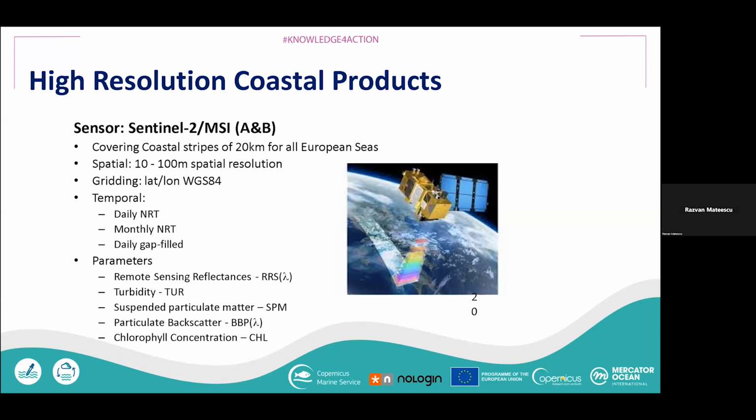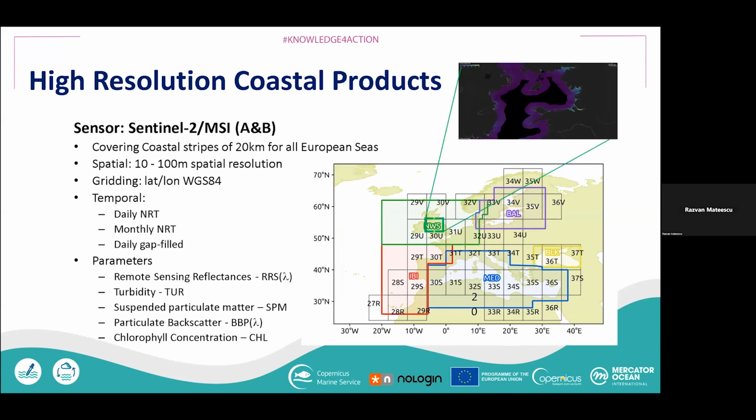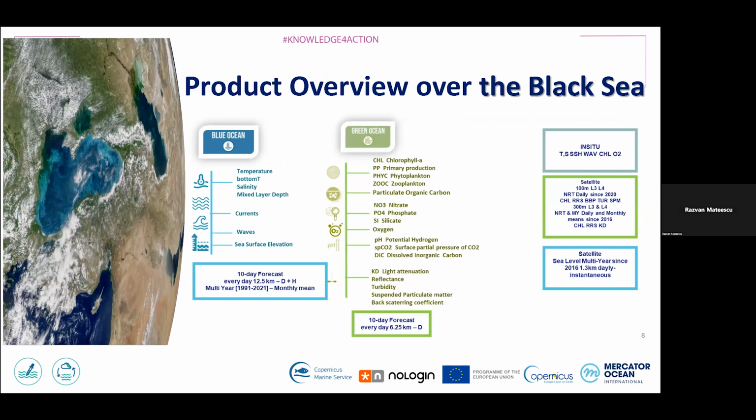Based on this sensor, this is the coverage of the sensor in specific areas. And if you are interested in a specific sea, I give here the example of the Black Sea. For all domains, you can cover here a temperate region. We don't have data for white ocean, so it's not encompassed here; only data for blue ocean and green ocean parameter states.